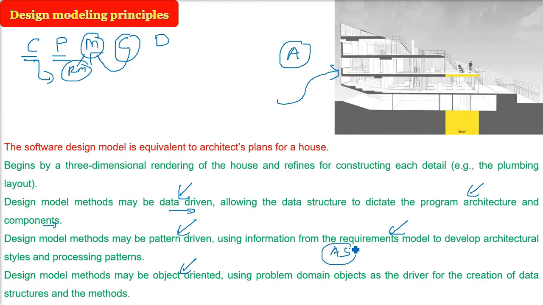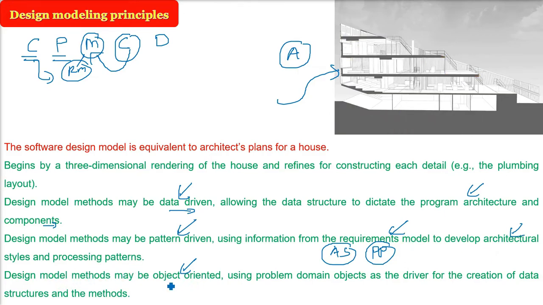So the requirement model is the guide for your design model method of architecture styling and processing pattern. If something is already made, you can use that also. That is the pattern, and that pattern will help you in implementing the process.